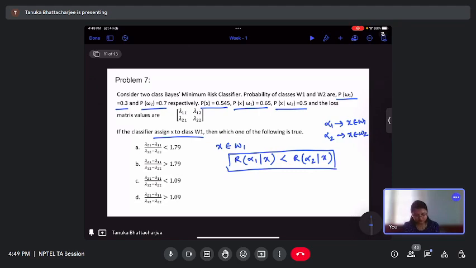To compute the risk for any action alpha i given x, the formula is: you take the loss of taking the action alpha i given the class is omega j, into the posterior probability of class omega j given x, and you sum it up over all j.